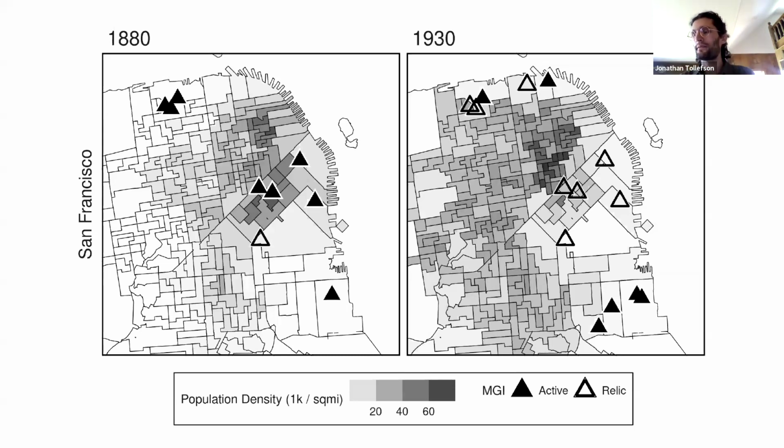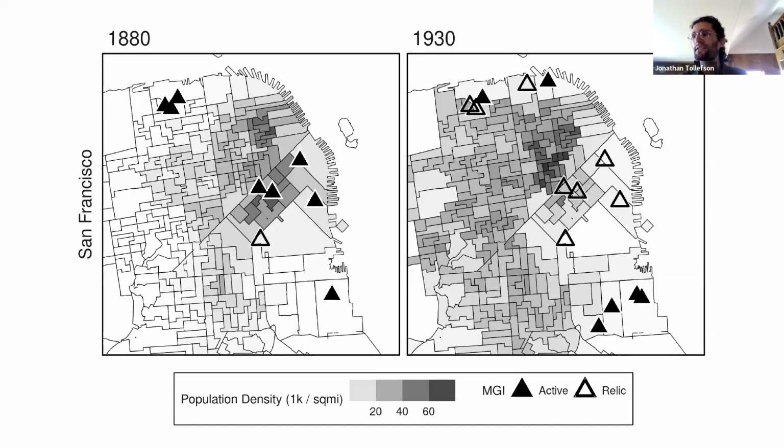So here's the landscape of gasworks in San Francisco in 1880 and in 1930, split between sites that were in active use and relic sites that were decommissioned or demolished by the time that I'm mapping them. I'm focusing on active sites for the analysis, but these relic sites can give us an idea about how the industry is changing over time.